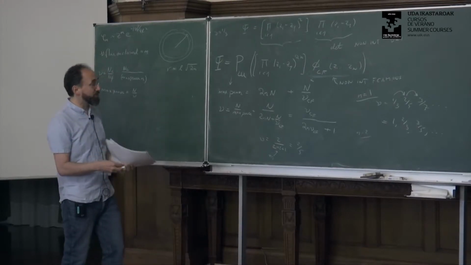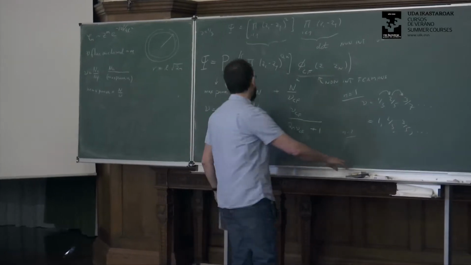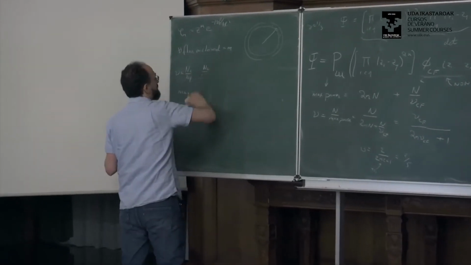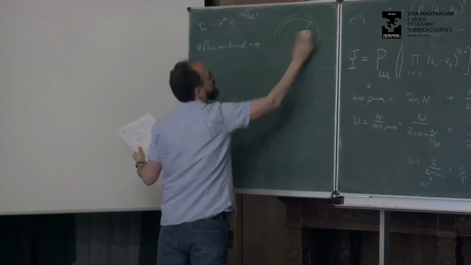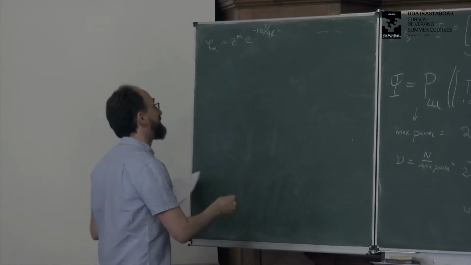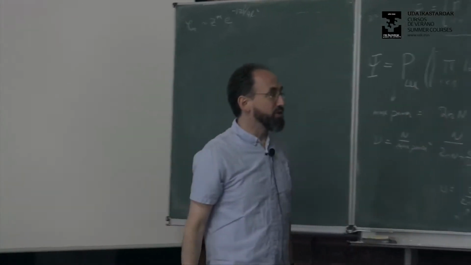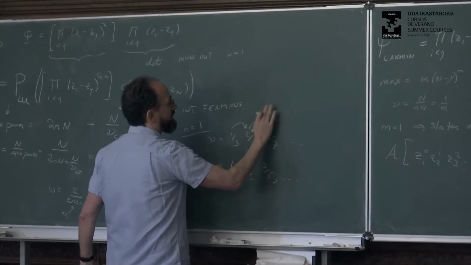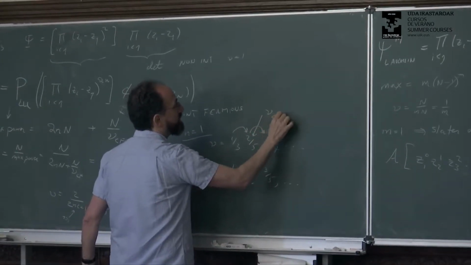One thing that's also really useful about this composite fermion picture is that you can apply it not only to ground state properties, but also to excited state properties. So for example, if we're interested in nu equals 2/5 here, this is nu composite fermion equals 2.